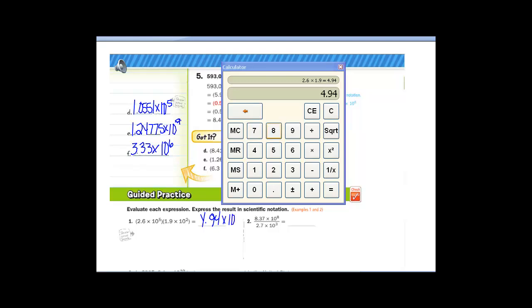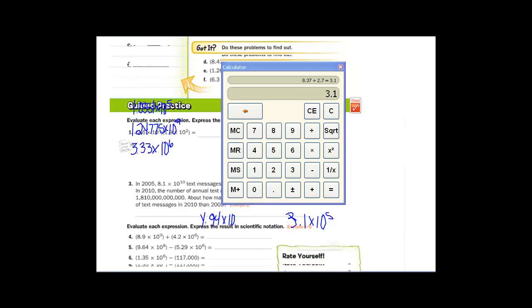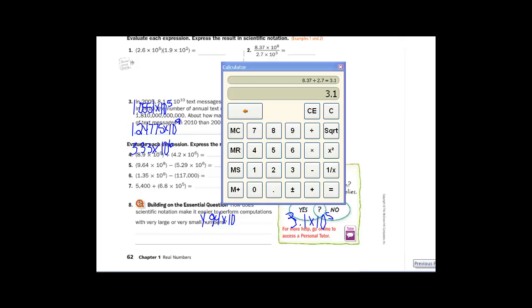These two, 8.37 divided by 2.7, 3.1. 3.1 times 10 to the 5th. We do have to subtract those exponents. Okay? So you can try the rest of these. We will discuss them with you tomorrow.